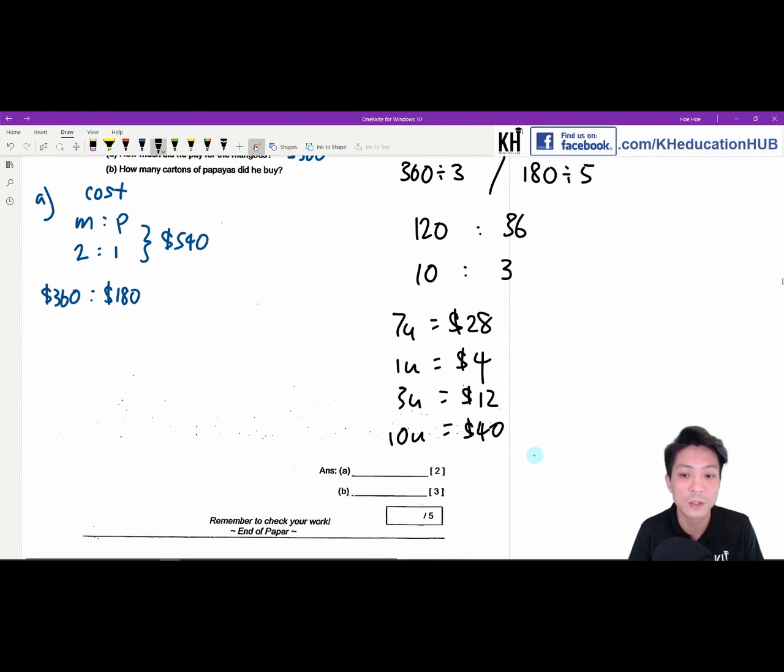So that I know that this $12 is for one carton of papaya, and this is one carton of mango.